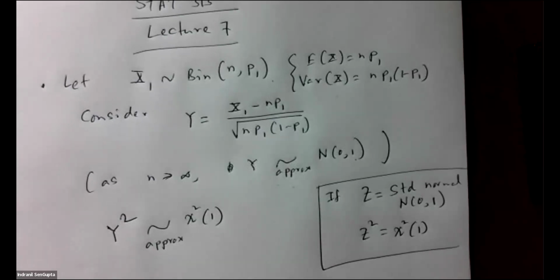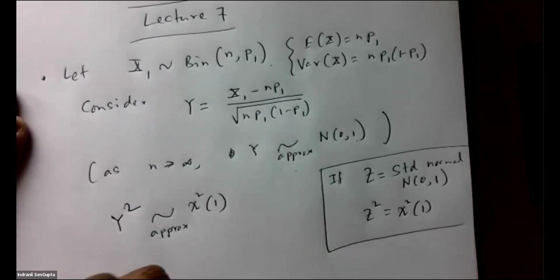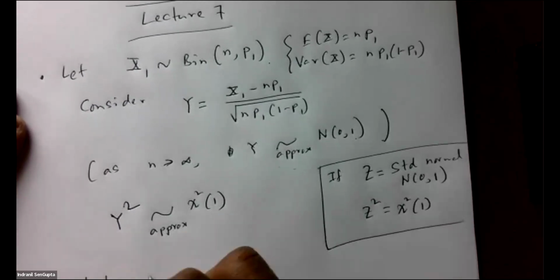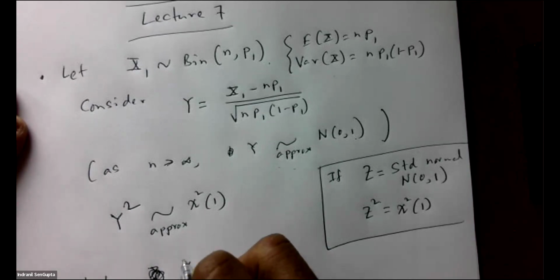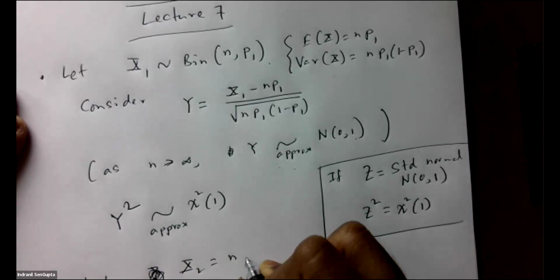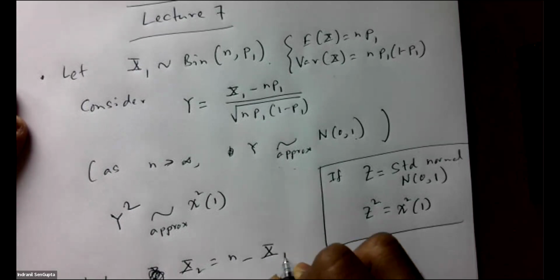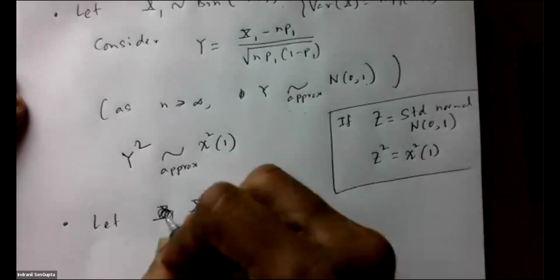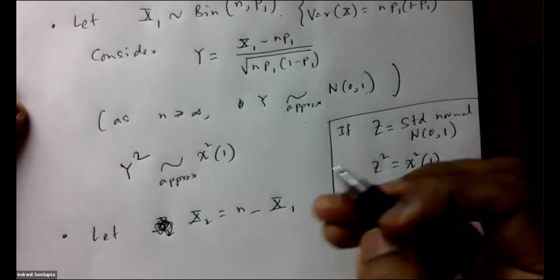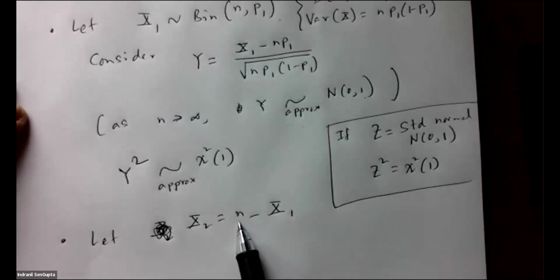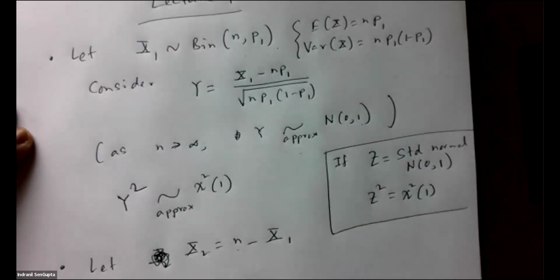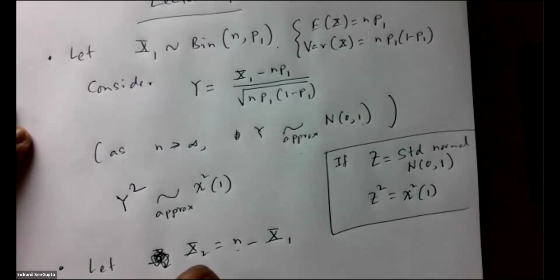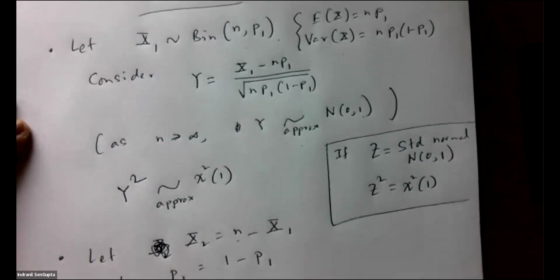Next, suppose I define another random variable x2, which is not independent, but is n minus x1. Whatever the value of n is, I subtract x1 from it. And let p2 be 1 minus p1.